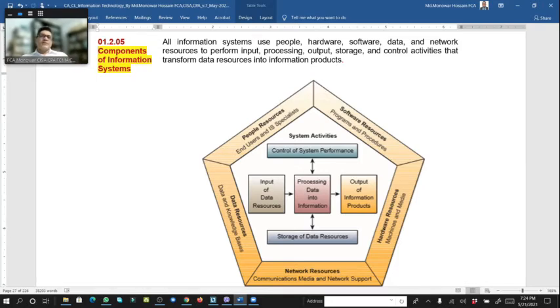So here, the components of information systems are people, hardware, software, data, and network resources.